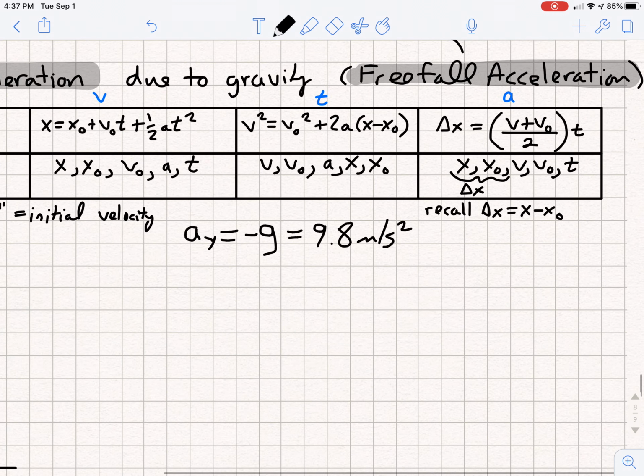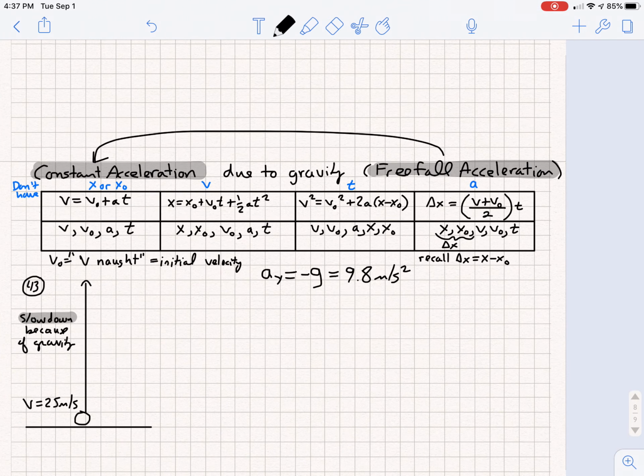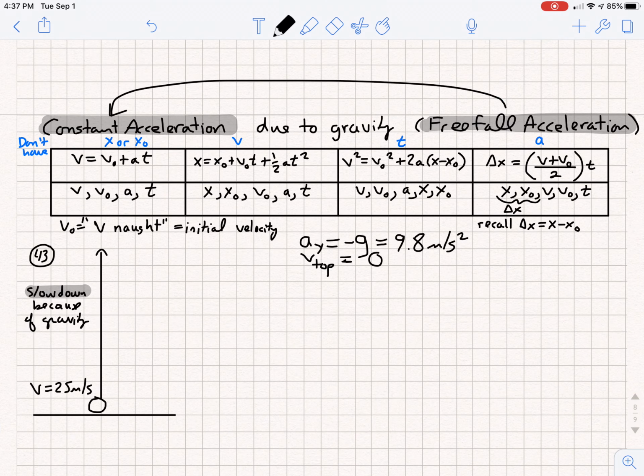The other thing that we need to know about free fall acceleration is that the velocity at the top is equal to 0. That's a very important point because the top could be the end of the problem, like this. The ball is reaching its highest point at the top, therefore the velocity at the top is 0.